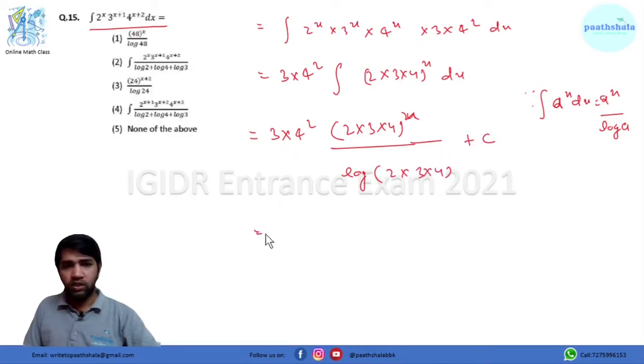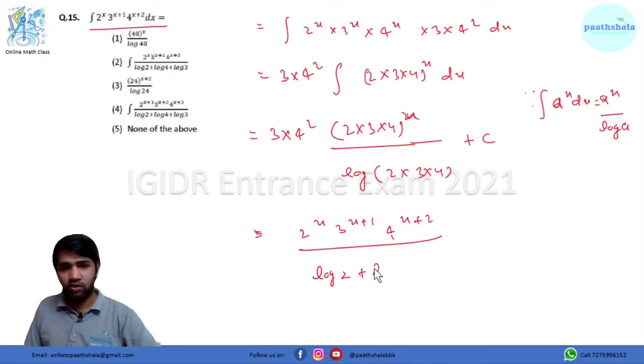So numerator term will become as it is, which was given earlier. So this will be 2 to the power x, 3 to the power x plus 1 and 4 to the power x plus 2 divided by, here we can apply log m into n, that will be log m plus log n. So this will be log 2 plus log 3 plus log 4. Okay, so this will be your answer.